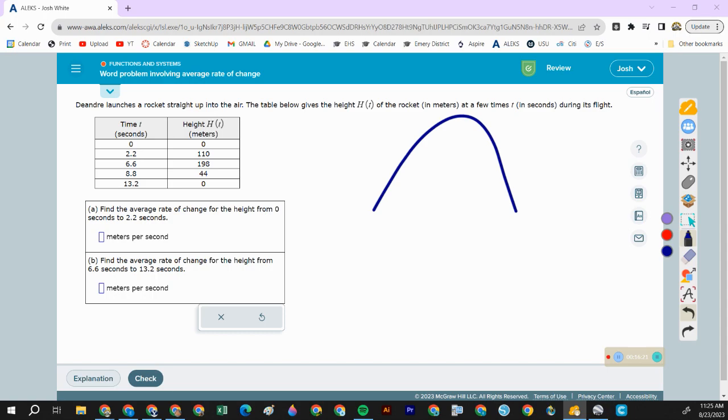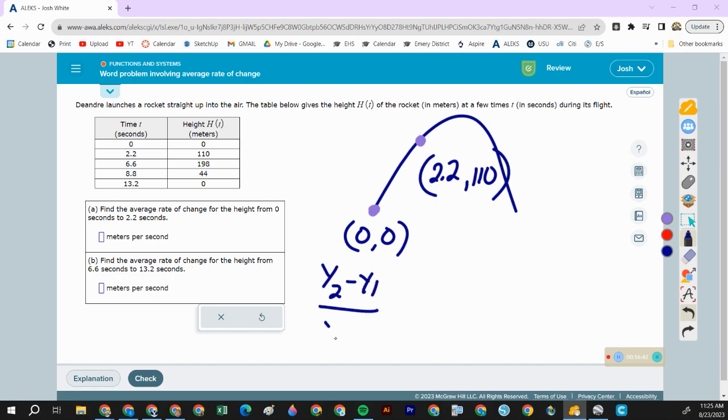We want to know what is the speed of the rocket on average from here to here. So this point is 0, 0, and this point is 2.2, 110. We just do the slope formula: y2 minus y1 over x2 minus x1. In this case, it's easy. 110 minus 0 over 2.2 minus 0.